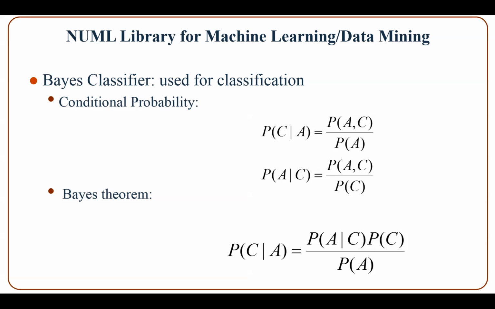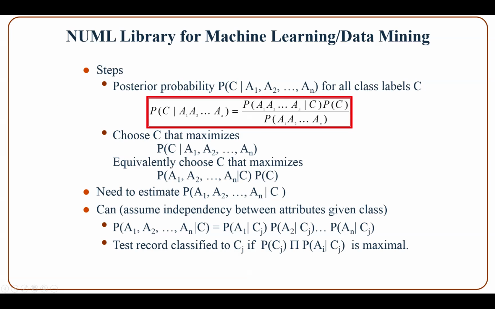Given a credit card application or test record, the probability of class given attributes is calculated. The posterior probability is calculated for each class label, and then choose the class label that maximizes the posterior probability, and that class label is assigned to the test record or the test applicant.